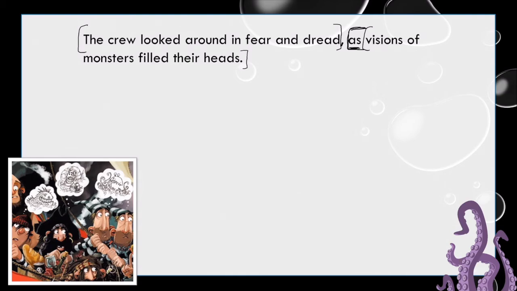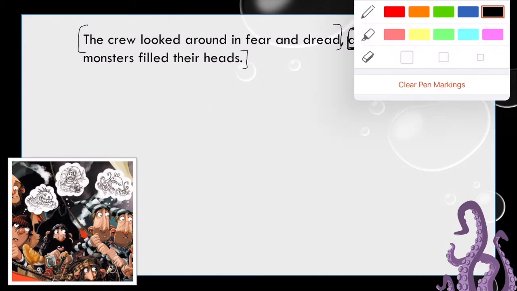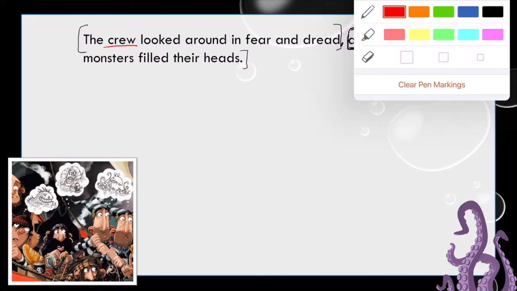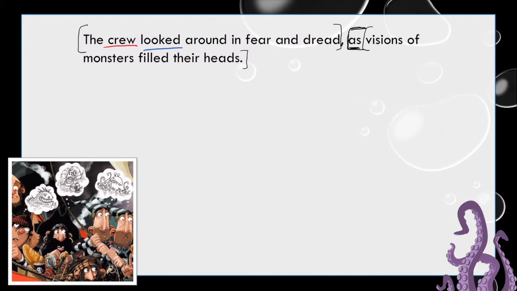Who's it about? The subject, the crew, for this first clause. In fact, that will be red, the crew. Verb, what are they doing? They're looking around, to be specific. What's the second bit of this about? It's about visions of monsters.